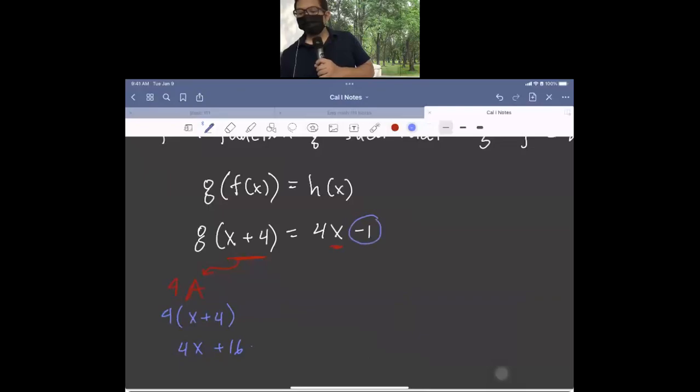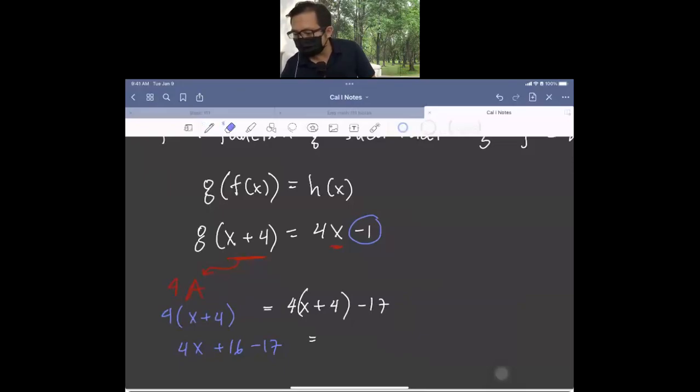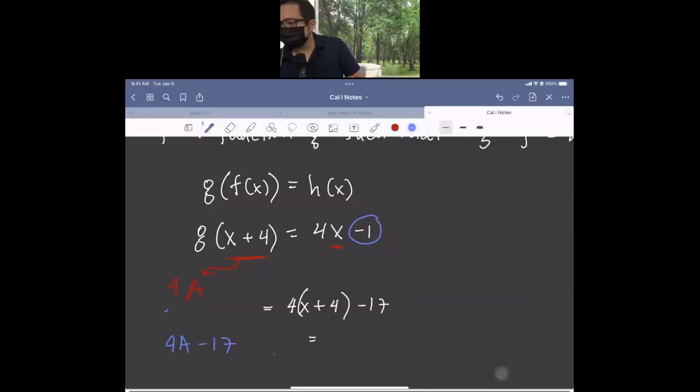So we need to subtract 17, right? So we are going to have 4 times x plus 4 minus 17. So at the end, we know that the result should be 4a minus 17, which means that this a is our x.